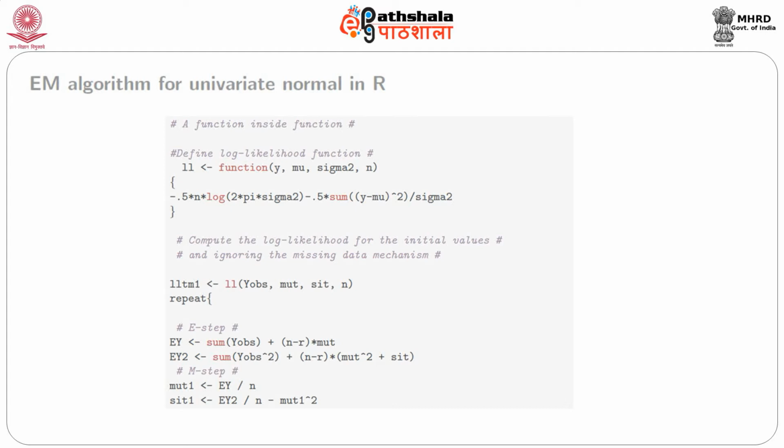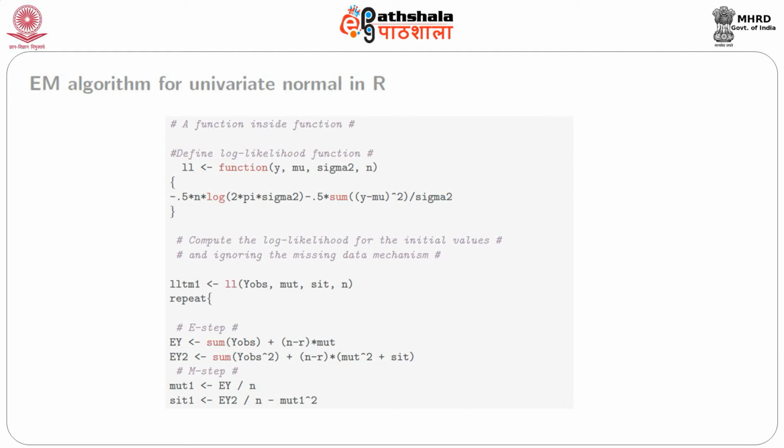We first generate two sub-vectors. One is y observed, that is y OBS, which is all those values for which the entry is not NA, and so this is given as not is.na.